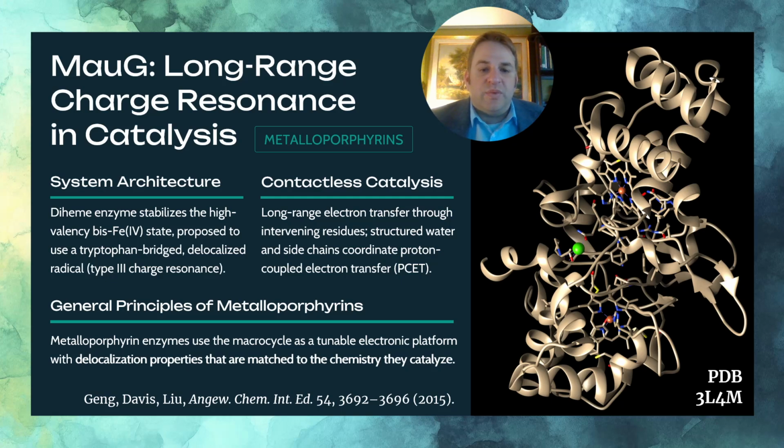So whether you just want to transfer an electron, whether you want to create a delocalized state, or even a strongly oxidizing or reducing state, the protein environment actually controls the electron structure of these often repeated looking, similar looking cofactors in order to get different kinds of catalytic effects out of them.